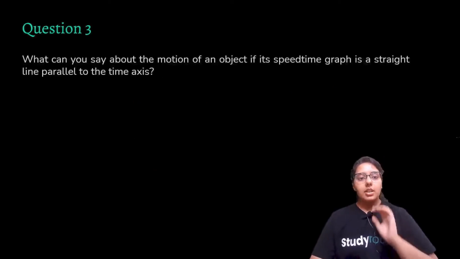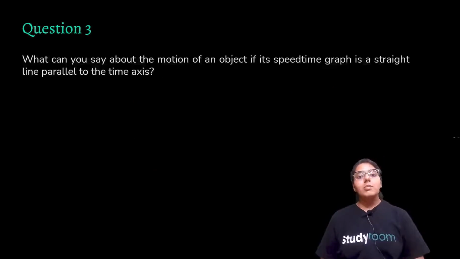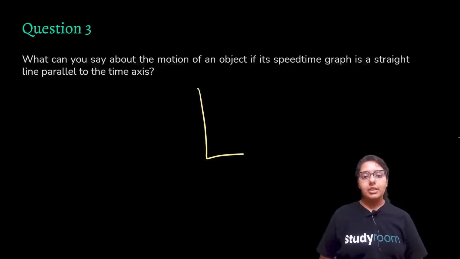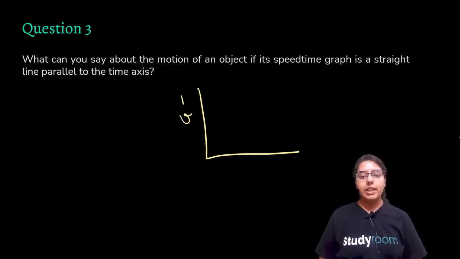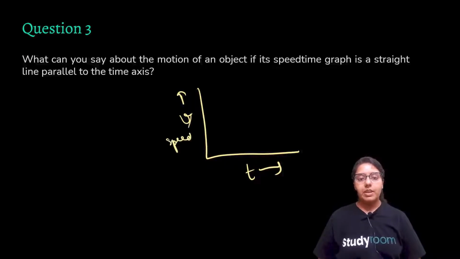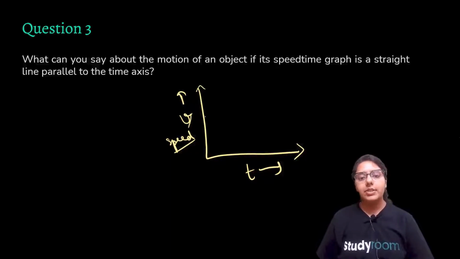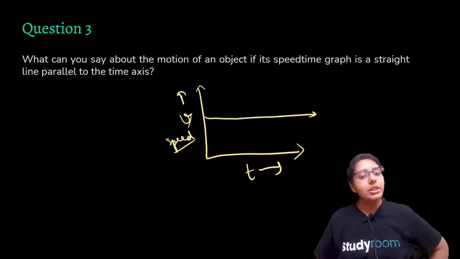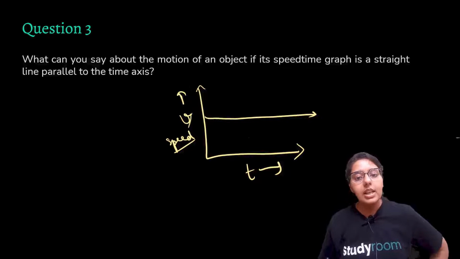Next, what can you say about the motion of object if its speed time graph is a straight line parallel to time axis? Speed time graph, velocity or speed. Even in the case of velocity, the same condition follows. If it is a straight line parallel to x-axis, this means that your time is increasing and your velocity is same throughout.